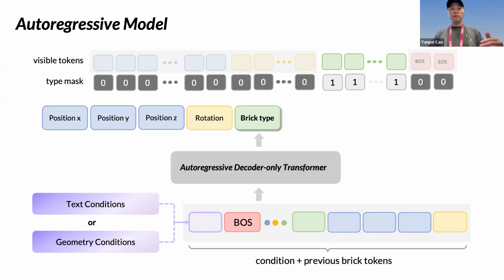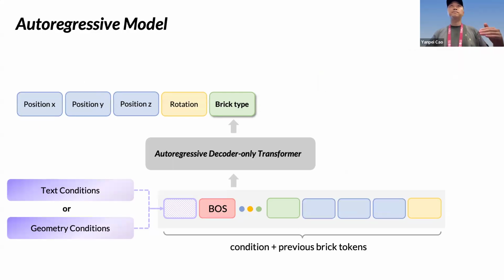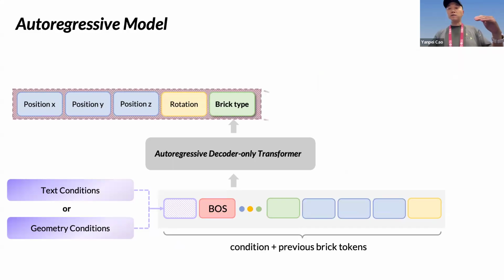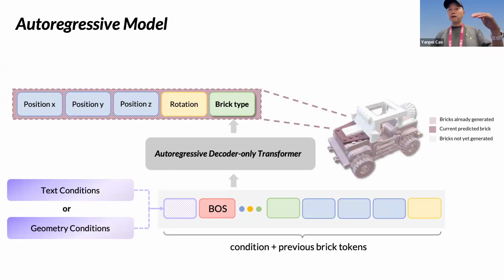The entire assembly becomes a single, ordered sequence. Then the model learns to predict the very next brick in the sequence, conditioned on all the bricks that have been placed before it. By doing this over and over, it implicitly learns the rules of connectivity and structural stability without ever needing explicit connection annotations. This is what allows us to scale our dataset.